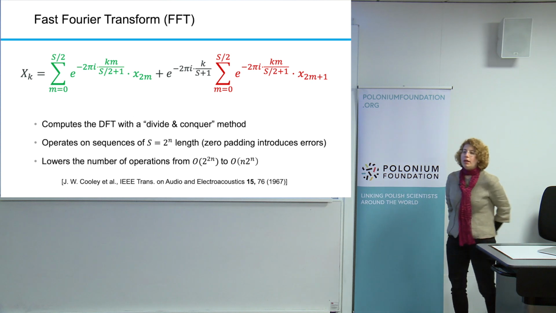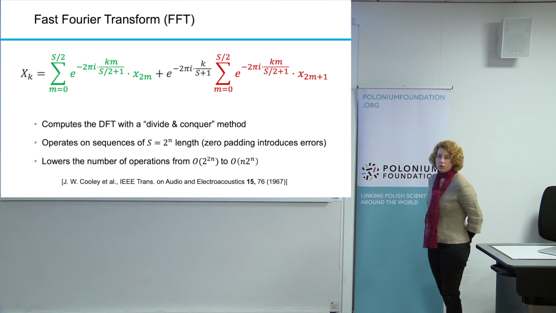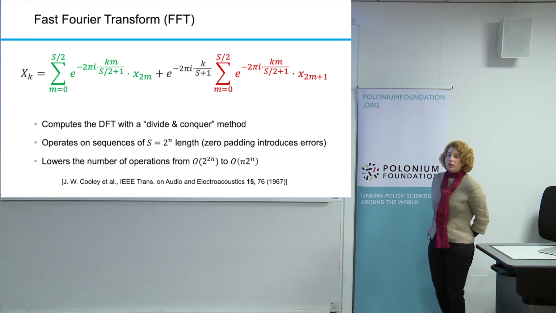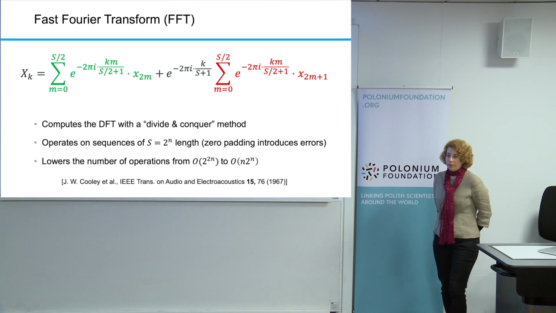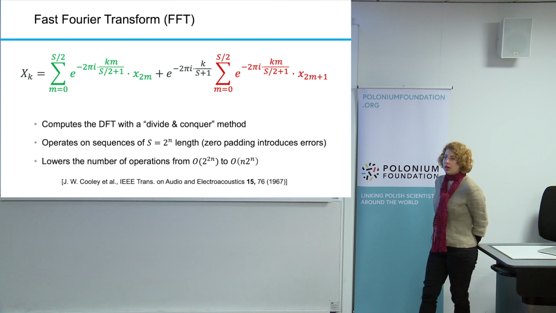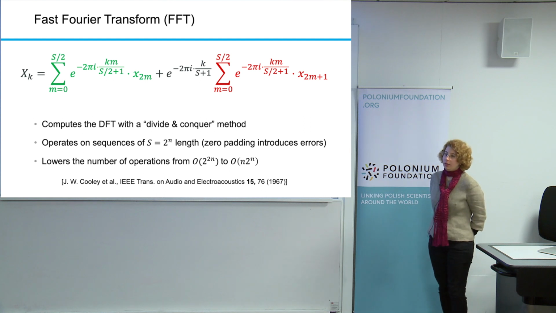So why did the fast Fourier transform become so ubiquitous? It's because it can lower the complexity of the discrete Fourier transform a lot by making an additional assumption. This is a divide and conquer algorithm that can be applied to data of specific length, and this has to be a length of 2^n.